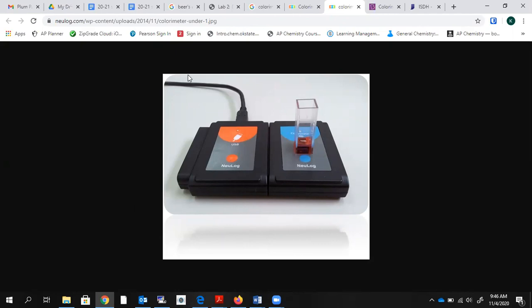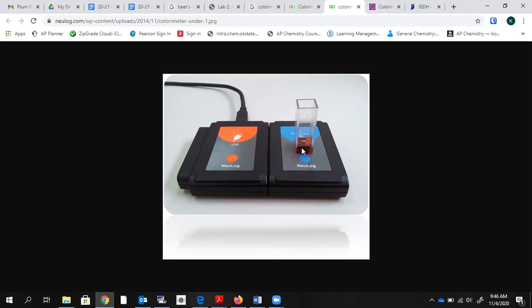The other thing that we need to think about when we are doing these samples and reading absorbance for Beer's Law calculations is the color of the solution and what that tells us about which wavelengths of light the sample absorbs and which ones it will transmit.